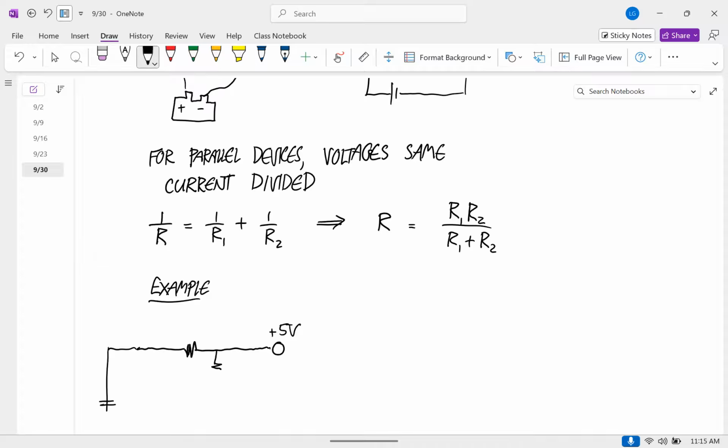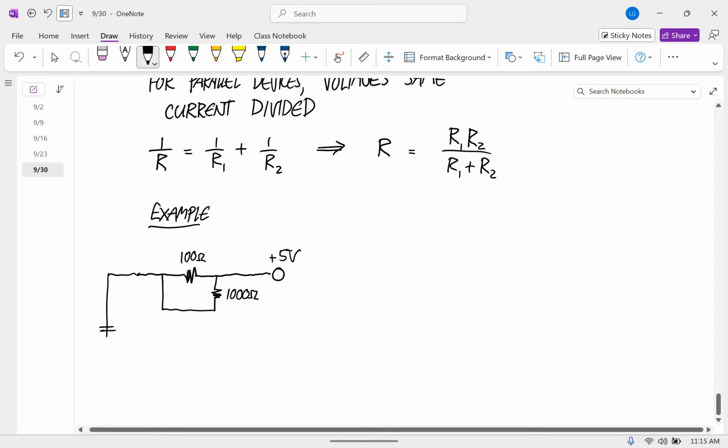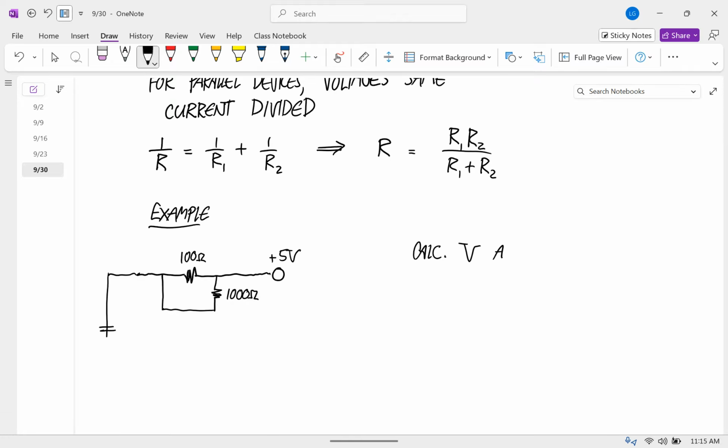And let's say there's another resistor like this. Let's say this one is 100 ohms, and this one is 1,000 ohms. And we want to calculate the voltage and current for each resistor.